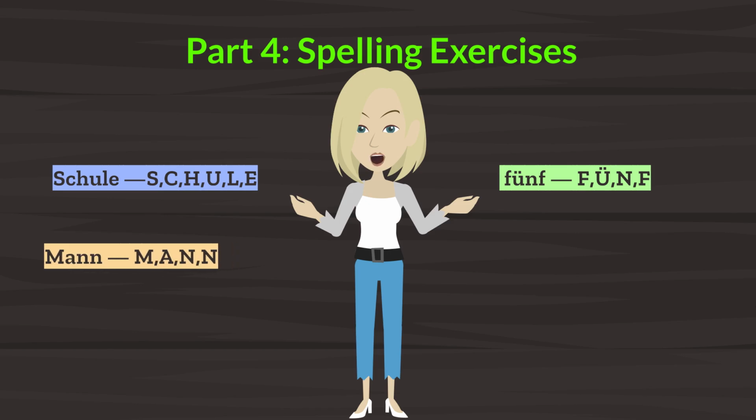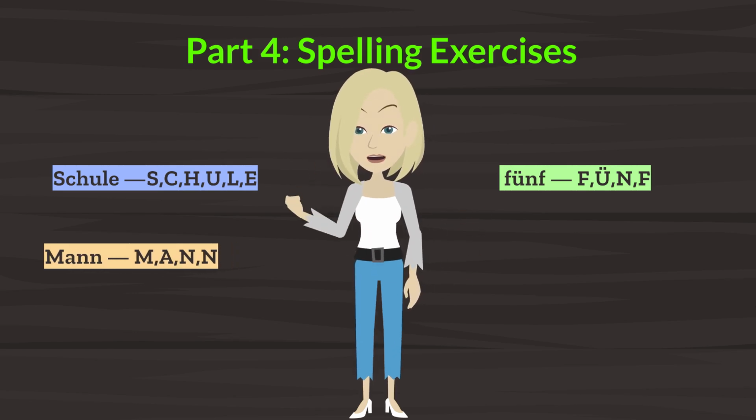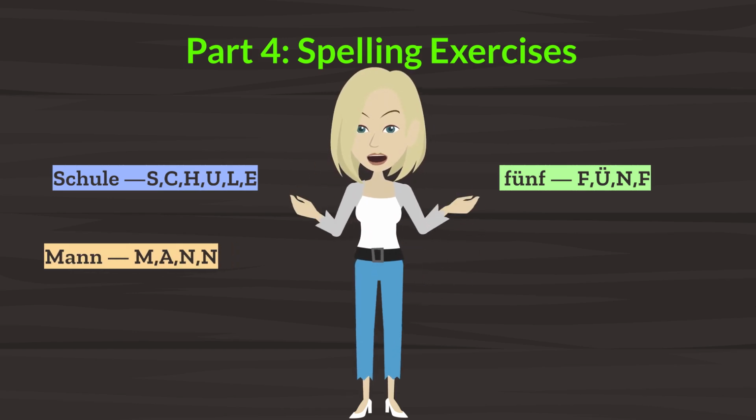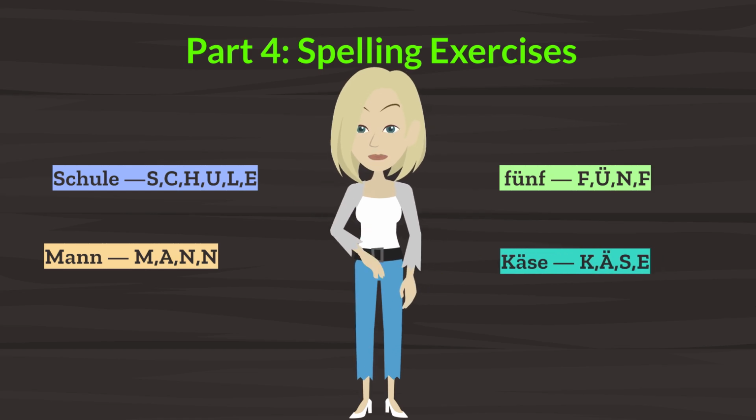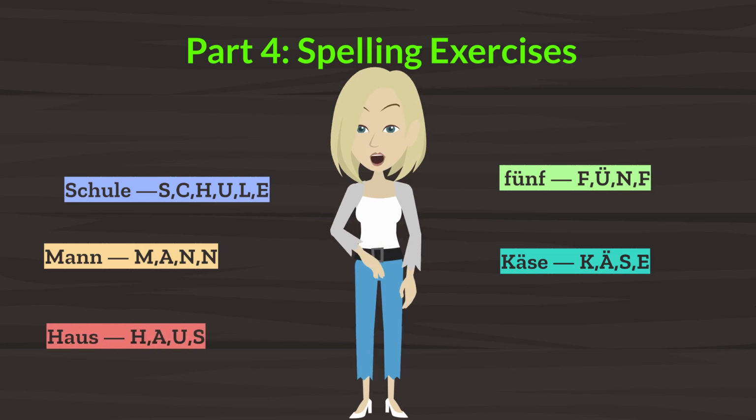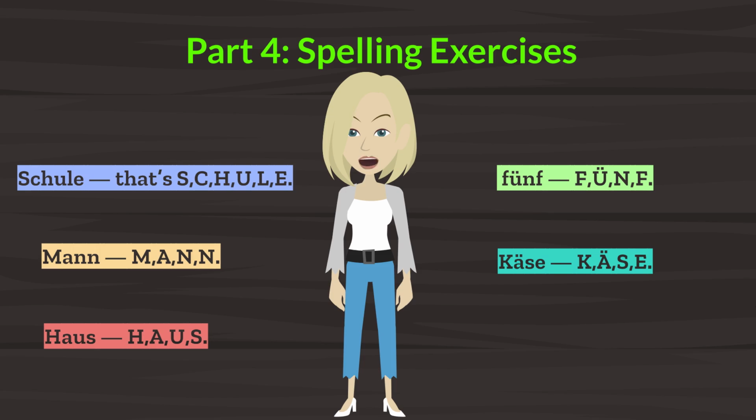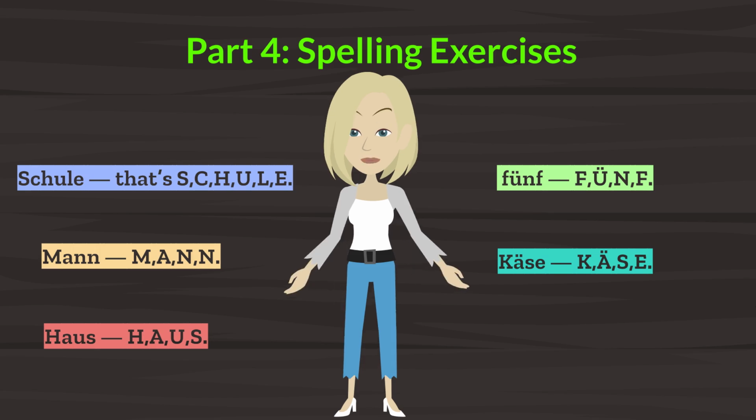Third word, Mann. Fourth word, Käse. Fifth word, Haus. Spelling practice helps you connect letters with sounds in German.